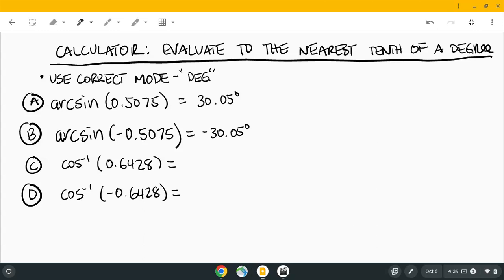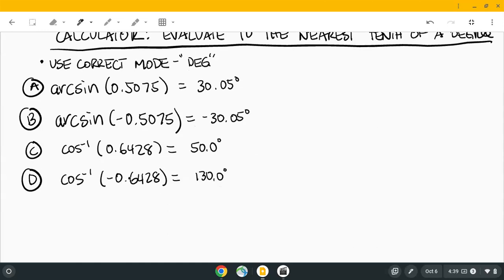So punch these two in. For letter C, did you get 50.0 degrees? And then when you punched in letter D, you should have gotten 130.0 degrees, right?